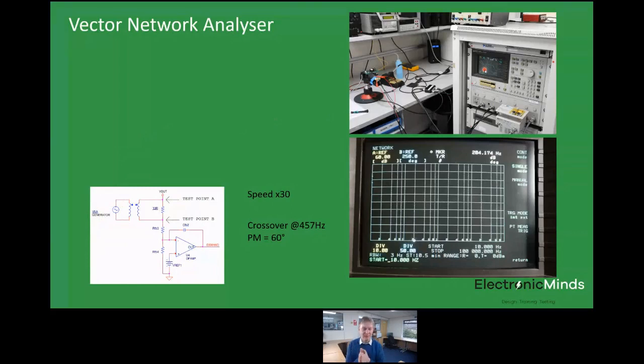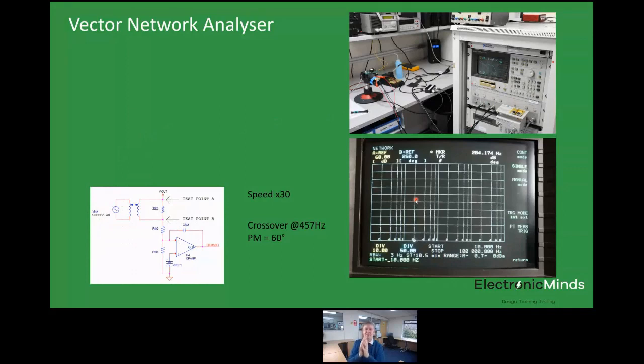The good thing about a vector network analyzer like this is it will generate the source signal for you, which you can see where my mouse is now, and then it will look at the two outputs to give you your phase and gain. The way it works is it has a very narrow band. You can specify a very narrow resolution bandwidth, which is essentially a narrow band filter around the measurement point.